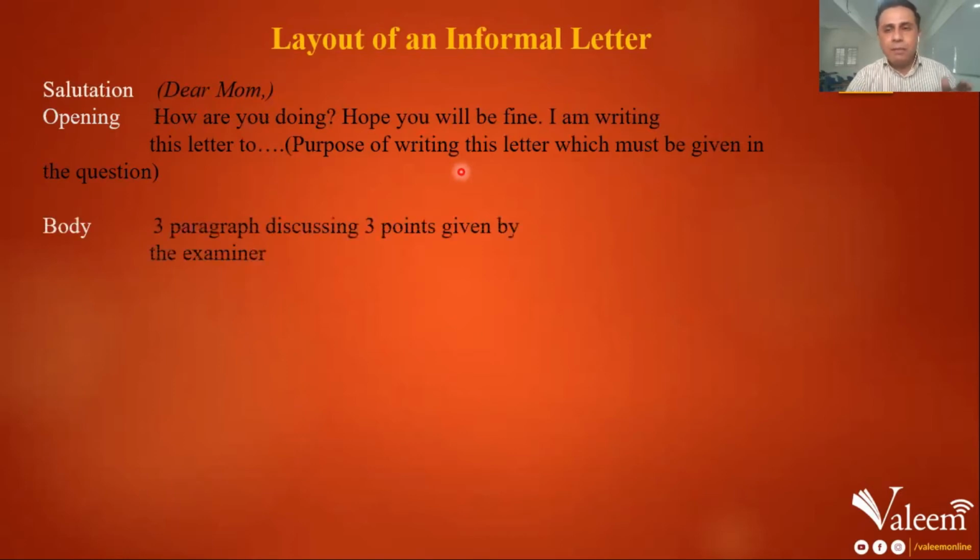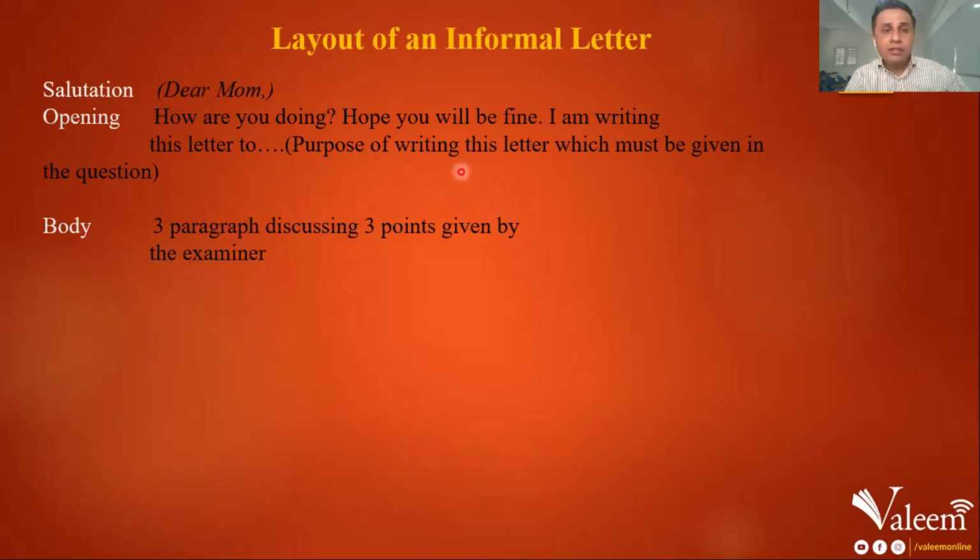All right, and then comes body, right? As you might already know, when you're writing a letter, whether it is informal or a formal letter, first step is the salutation and then the opening line, and then you have to write 2 or 3 paragraphs in the body. But when it comes to writing a letter in O level, you have to write 3 paragraphs in the body.